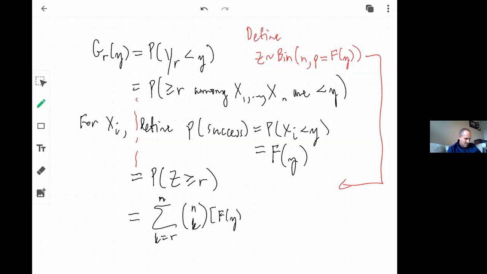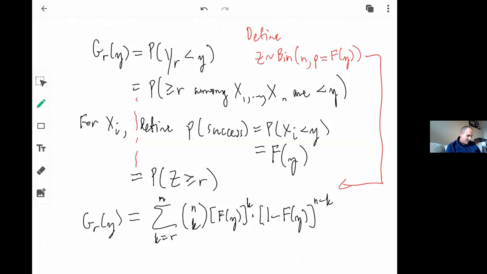That was F of Y raised to the K. Those were basically the K X's that were smaller than little y. Times what? What's the probability of failure? Well, it would be 1 minus F of Y raised to the N minus K. Okay, and that's it. Unbelievable. We have the formula written down right there.